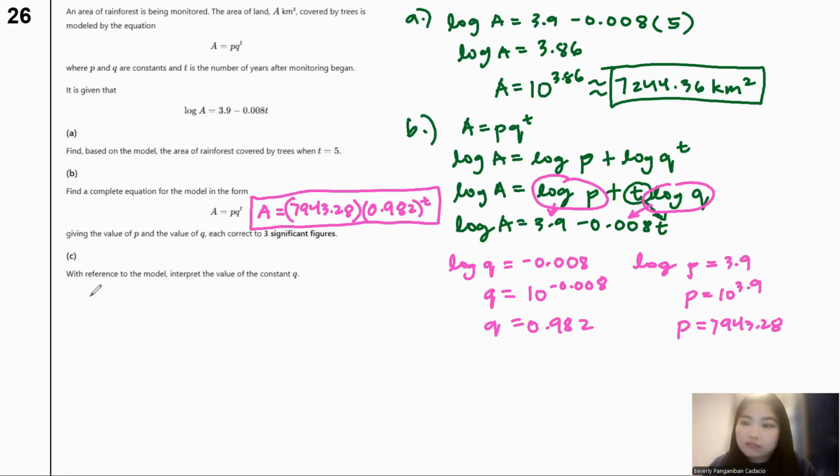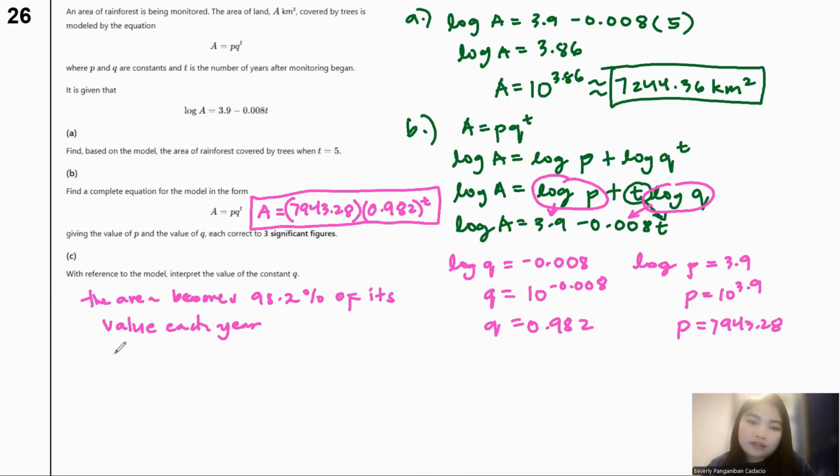It means that in percentage, the area becomes 98.2% of its value. It's kind of big, yes, but you know that from 100, it becomes 98.2, so it's still a decay value each year.